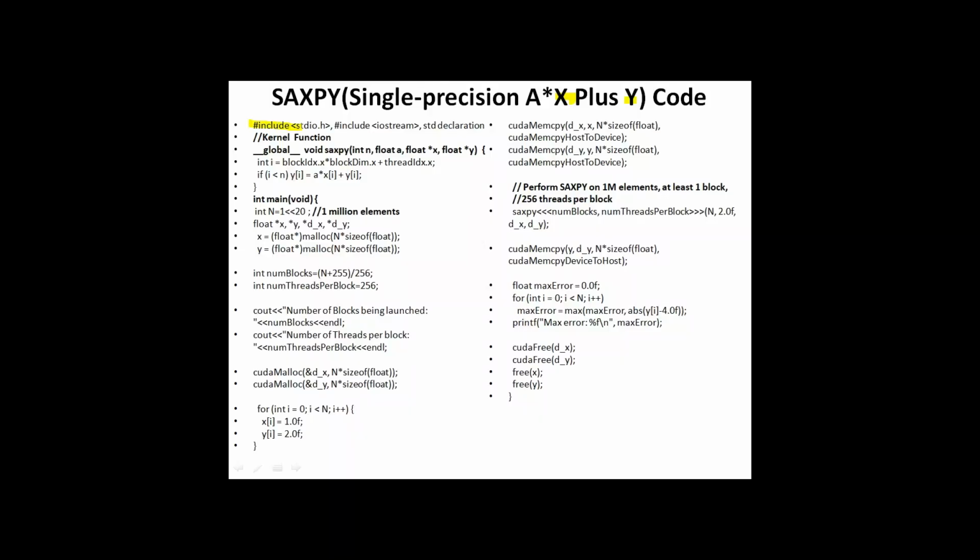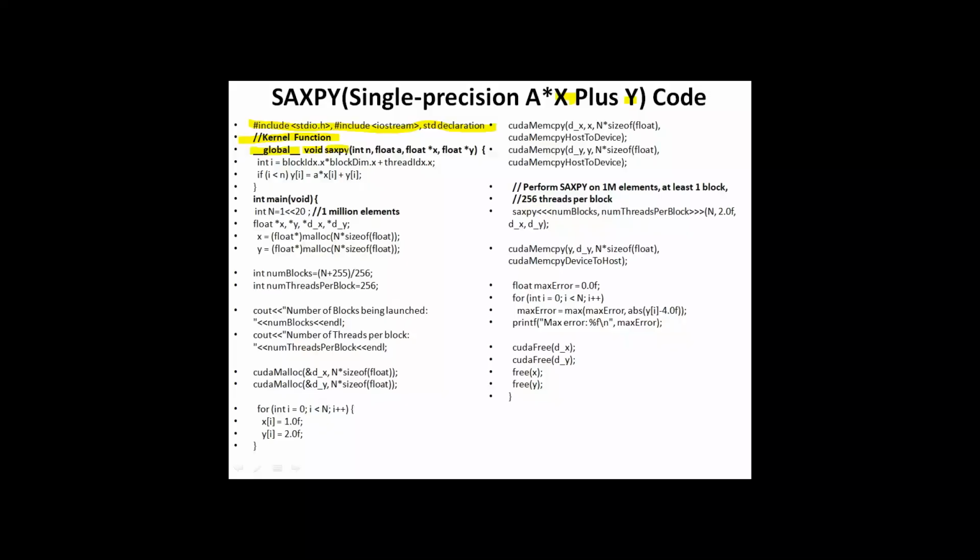In the beginning of the code, we are simply including header files like stdio.h, iostream, or any other header file we can include at the top, just like a normal C++ code. Then here we are writing the kernel function, right? With the identifier __global__, return type is void.